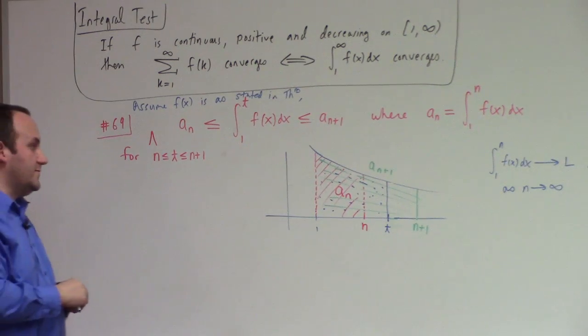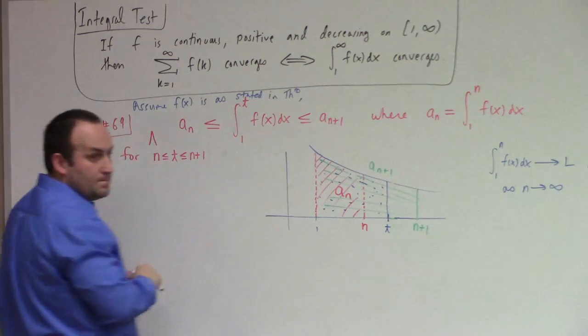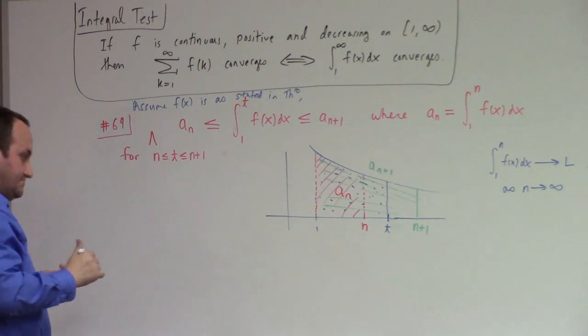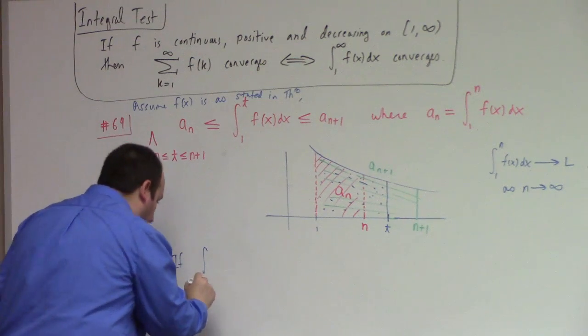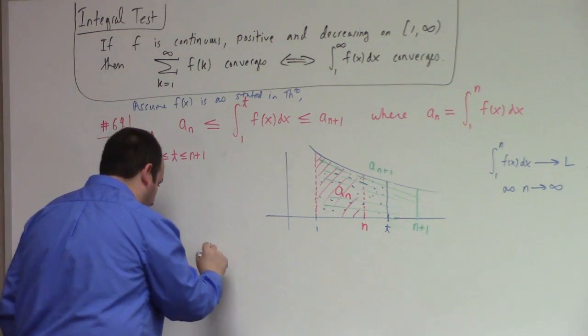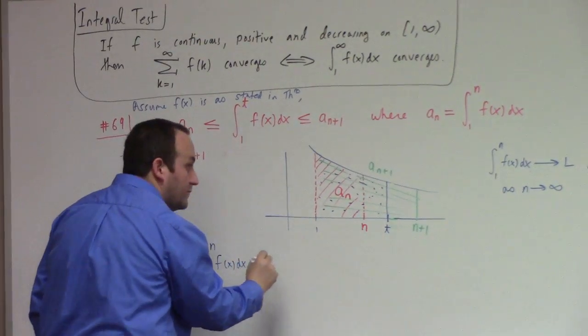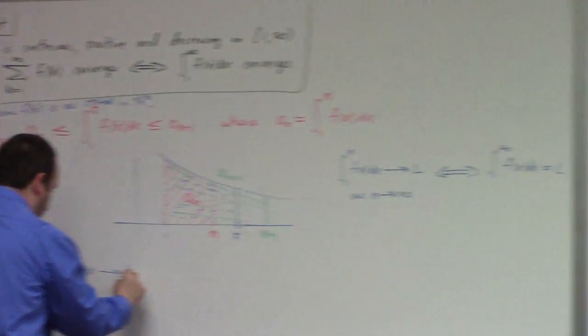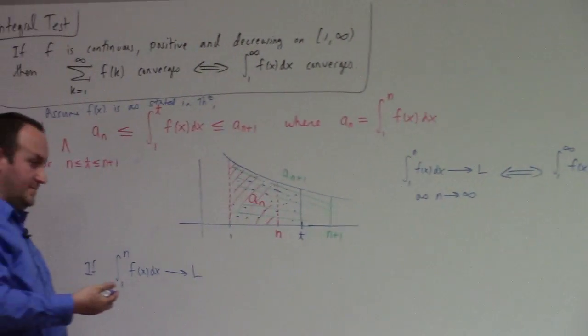The truth of that is not hard to argue once you know this inequality. Suppose the integral from 1 to n of f of x dx converges to L. That means it's a convergent sequence, therefore it's bounded, right?